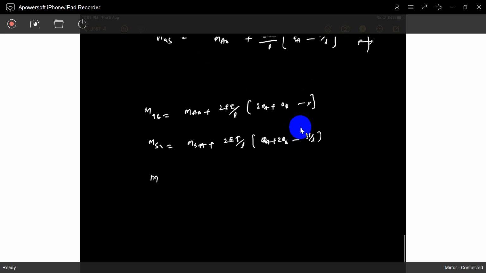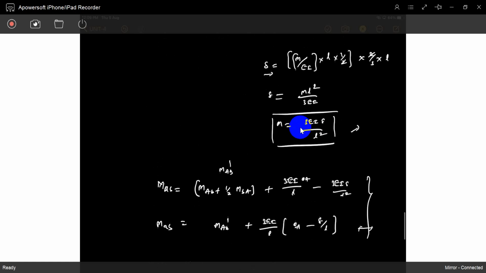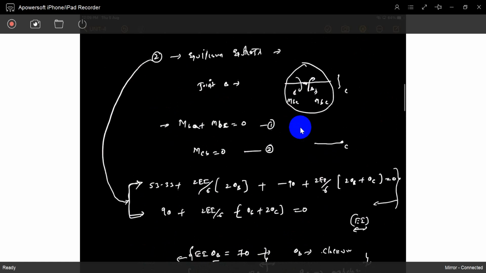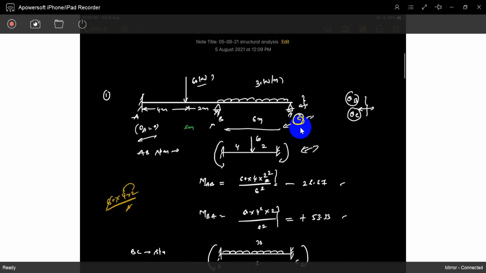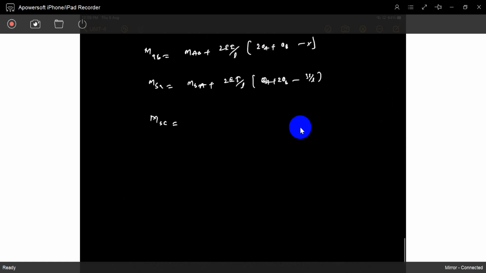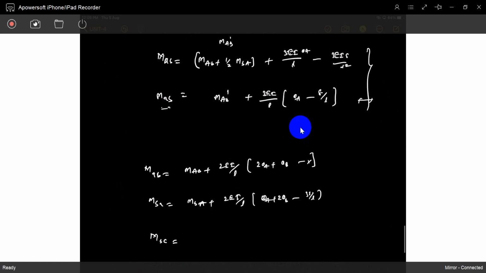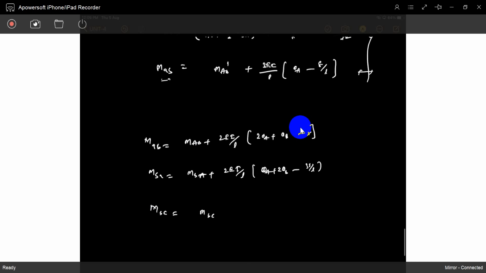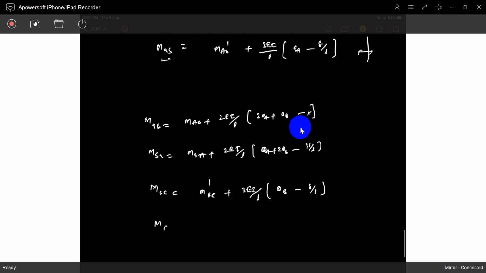For the BC span, for theta BC, B is fixed, so you can write directly using this equation: MBC dash plus 3EI by L theta B minus delta by L. MCB is 0, we already know it.